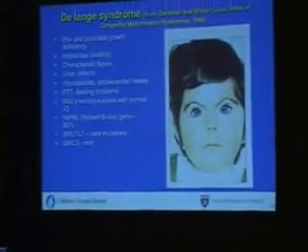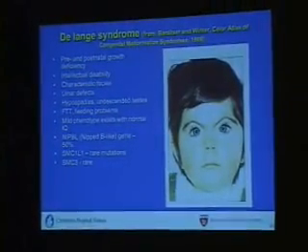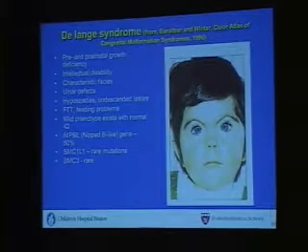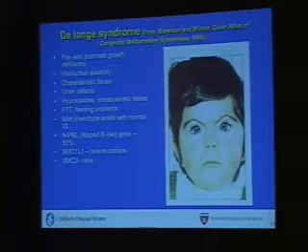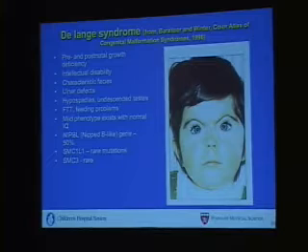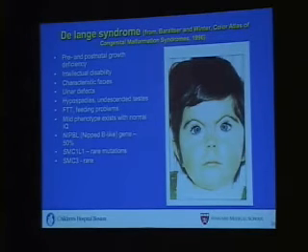I will go through the common sort of short stature syndromes that we see in the clinic. DeLange syndrome is well known to everybody in this room. I think the classic DeLange nobody here would miss. It's the kids with kind of the mild DeLange syndrome who maybe are kind of at the 5th percentile in height, and they have a little bit of the arched eyebrows and the long eyelashes and a little bit of the upturned nose.